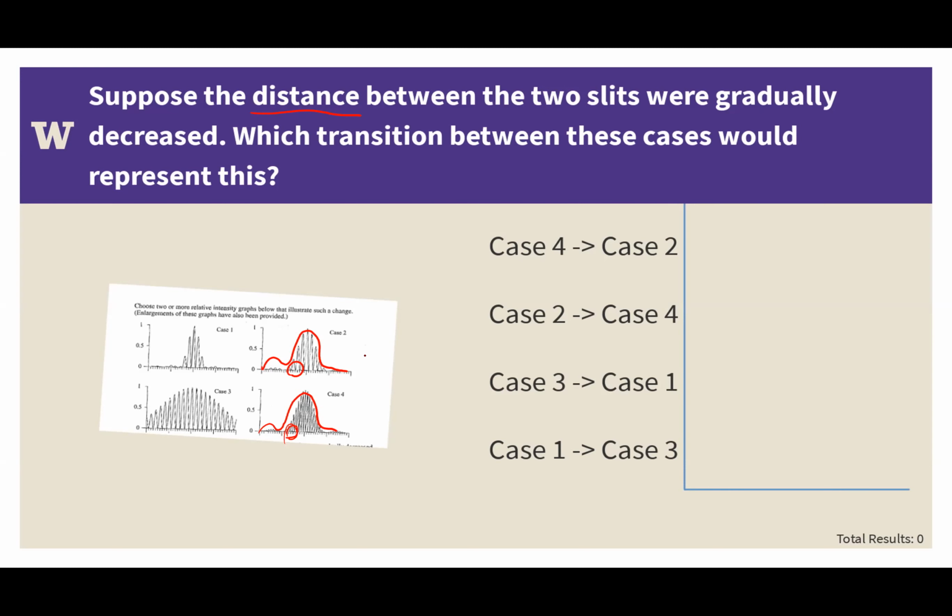They're going to move to larger angles. So that would be the transition from case 4 to case 2. So I'm not affecting the width, so I'm not affecting the overall shape, but I am changing the angle that gives me these little fine structure minima in here. So I'm going from a smaller to a larger angle for the interference. So I'm going from case 4 to case 2.